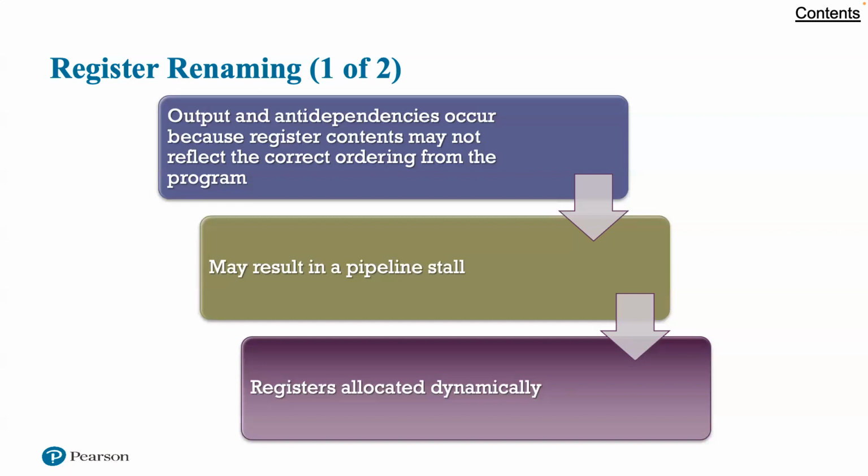Subsequent instructions that access this value as a source operand in that register must go through a renaming process. The register references in those instructions must be revised to refer to the register containing the needed value. Thus, the same original register reference in several different instructions may refer to different actual registers if different values are intended.